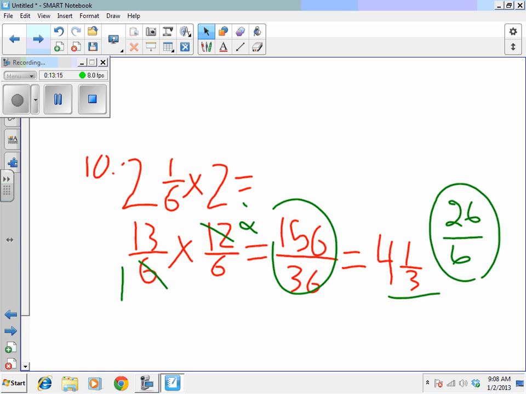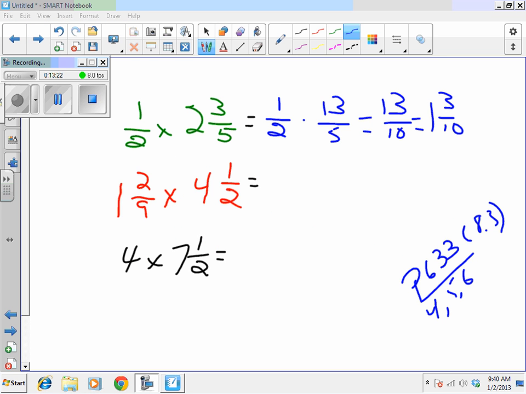How many of you got 4 1/3 as your answer? How many of you did not get 4 1/3 as your answer? All right, so this is number 5, okay? And so we have 1 times 9 plus 2 is 11 ninths, times 4 times 2 plus 1 is 9 halves.